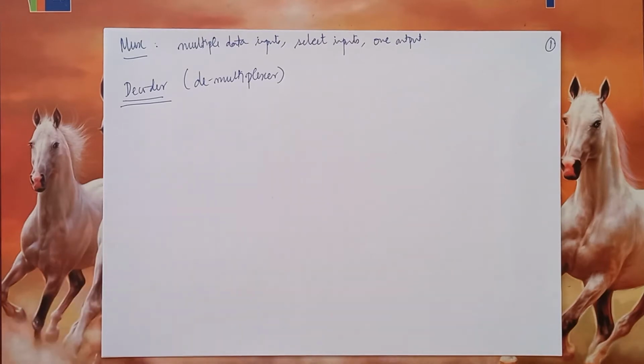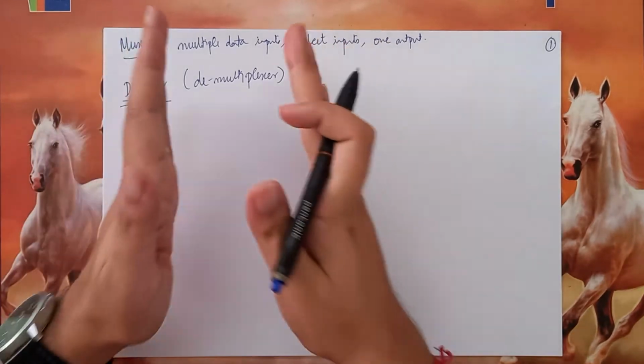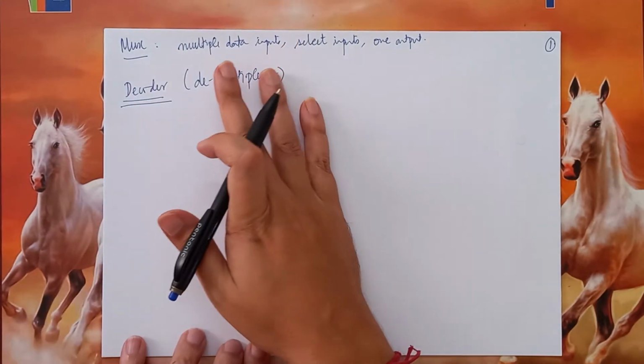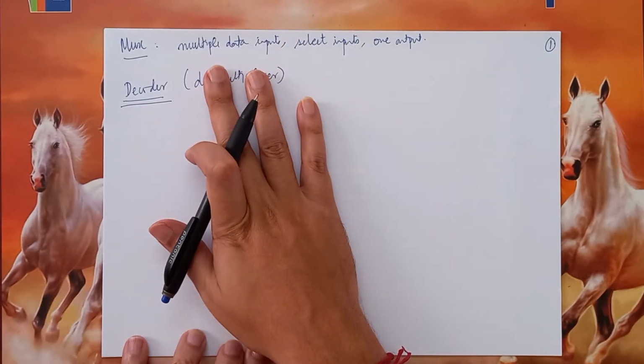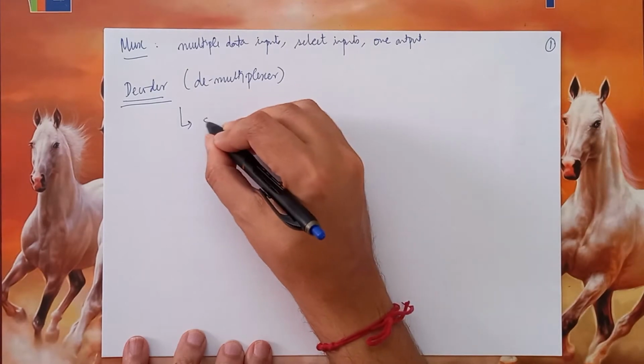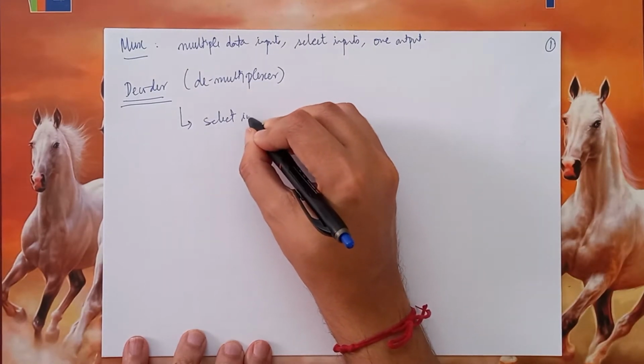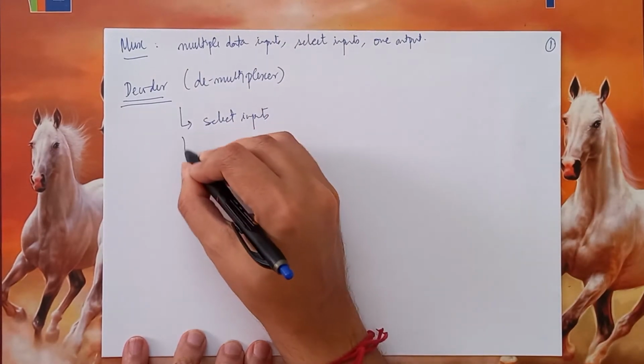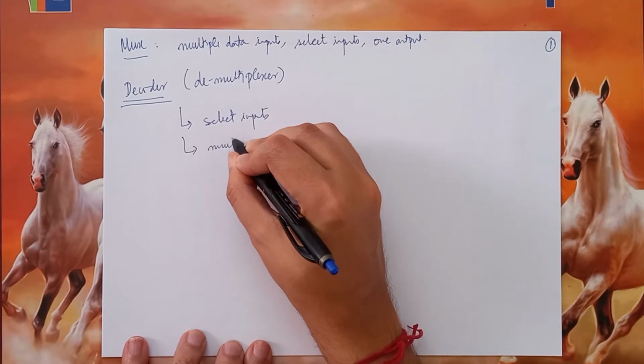So how is it different from the mux? Well, first of all, a mux has multiple data inputs and multiple select inputs. A decoder is just the opposite. A decoder has the same select inputs and it has multiple outputs.